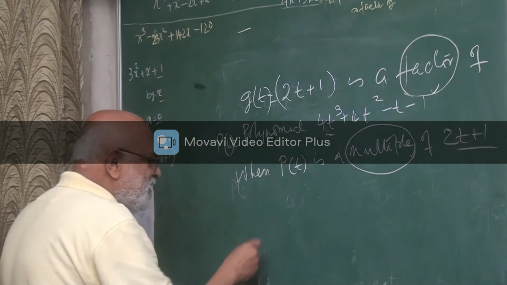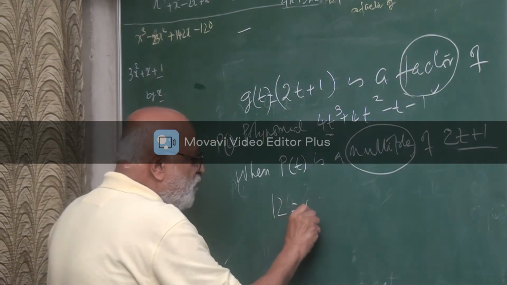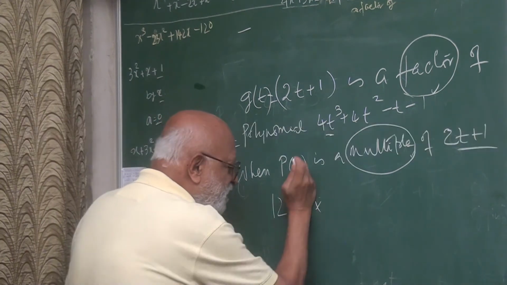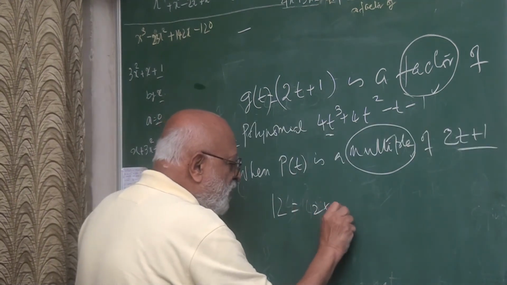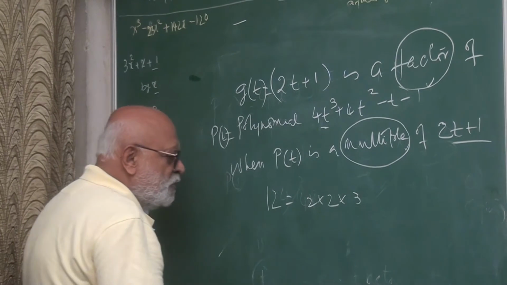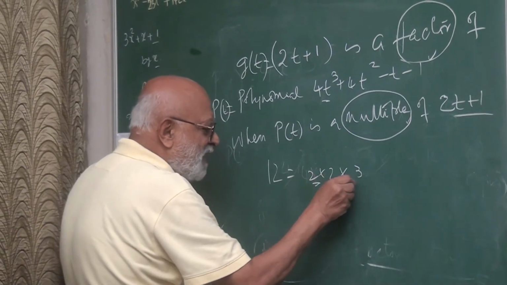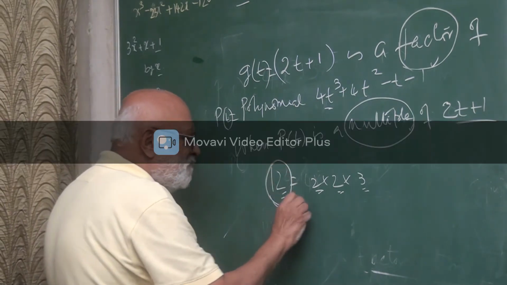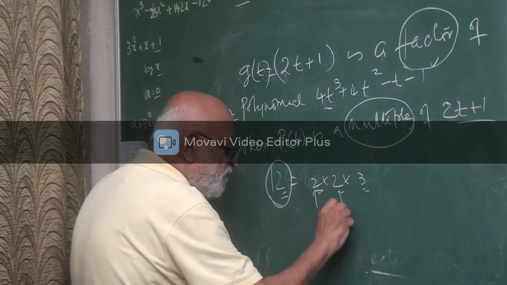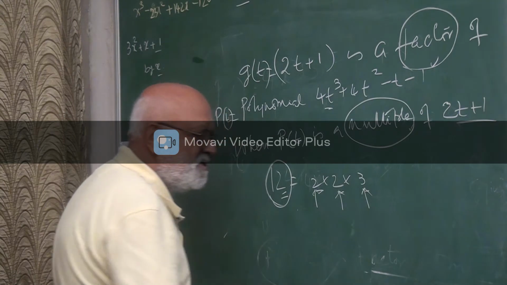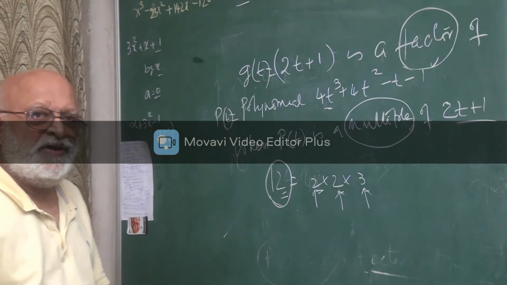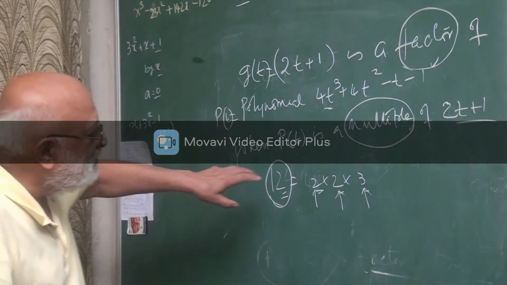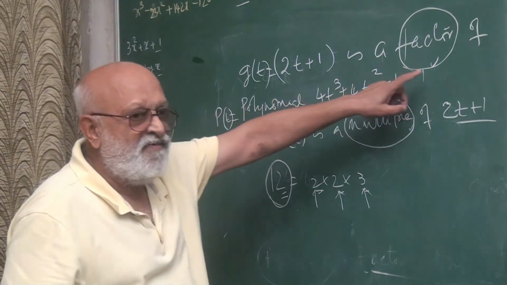Say for example, 12 is equal to 4 into 3, 12 is equal to 2 into 2 into 3, right? So these 2s and 3 are all factors of 12. And 12 is a multiple of 2 and a multiple of 3. So the bigger one is a multiple and the smaller ones are factors.